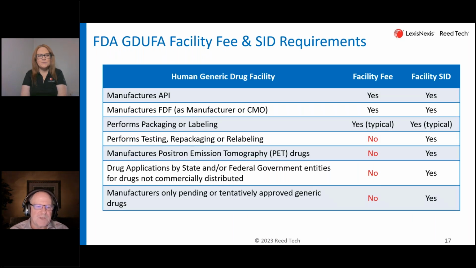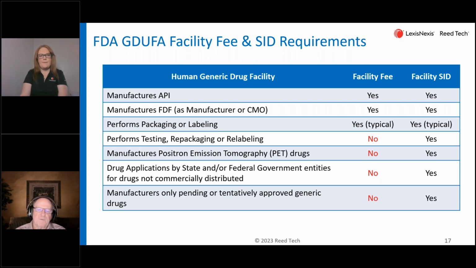If you dive into this topic a little bit further, there's a chart that we prepared to do a comparison between those facilities that need to pay the user fee and those facilities that need to self-identify themselves to the FDA.